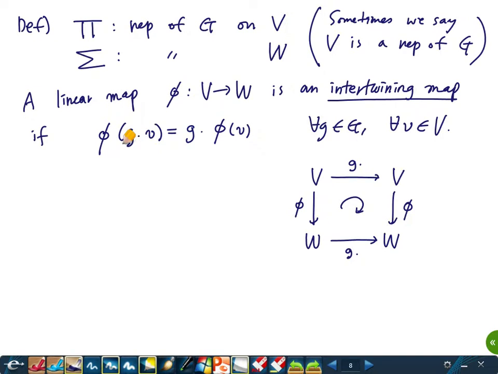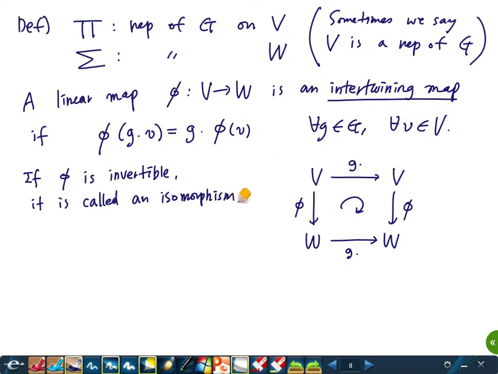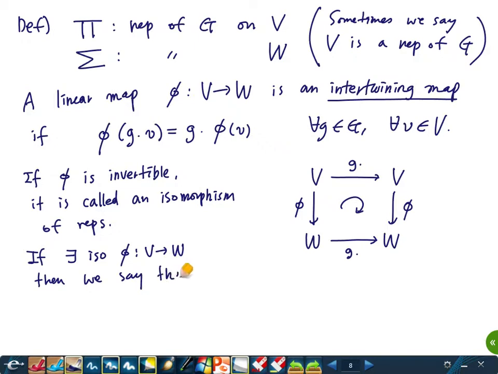And if phi is invertible, then it is called an isomorphism of representations. And if there exists an isomorphism phi from V to W, then we say that V and W are isomorphic.